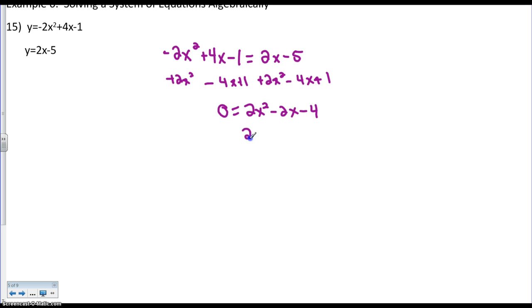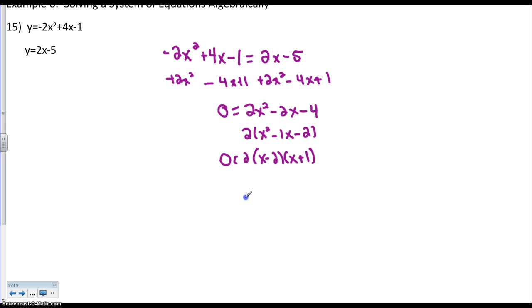Now I do see that the greatest common factor between all of these terms is 2. So what I'm going to do is factor out the greatest common factor, which is 2. So I end up with x squared minus 1x minus 2. When I finish factoring this out, it looks like I'm going to end up with x minus 2 times x plus 1, with the 2 in front, equals 0.